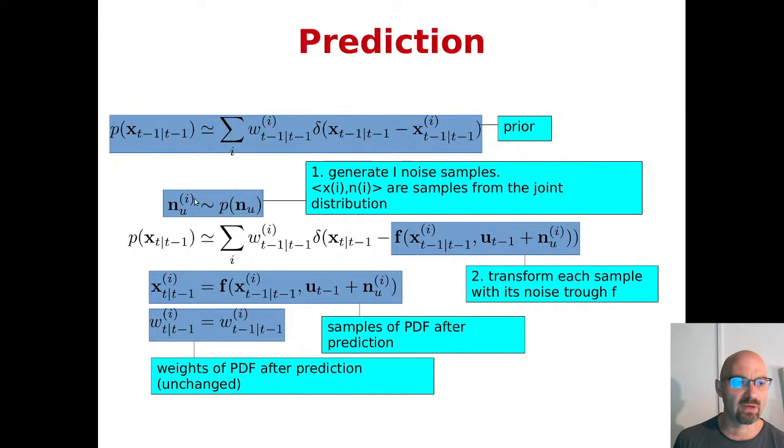Let's assume that we have a machinery that is able to generate samples from the control noise. Well, if we assume that the noise is Gaussian, we could have a machine that generates Gaussian noise, and then we are able to generate samples of this noise distributed according to the parameters of NU. Or it can be anything, but at least I should be able to generate samples from the noise.